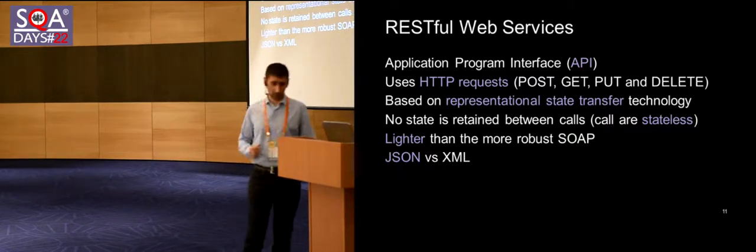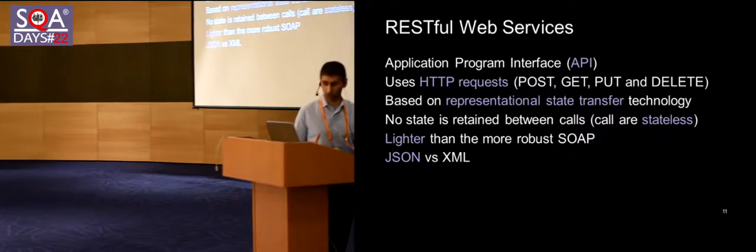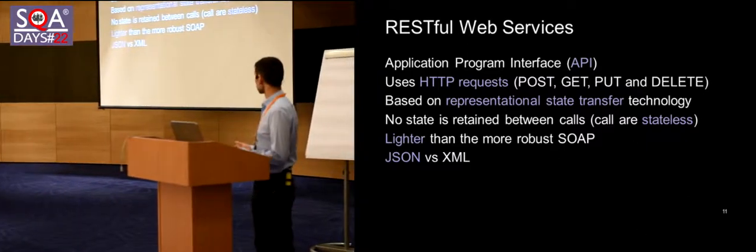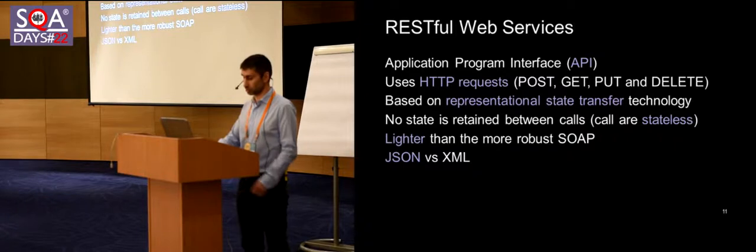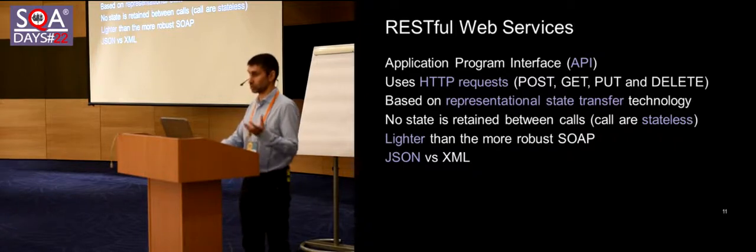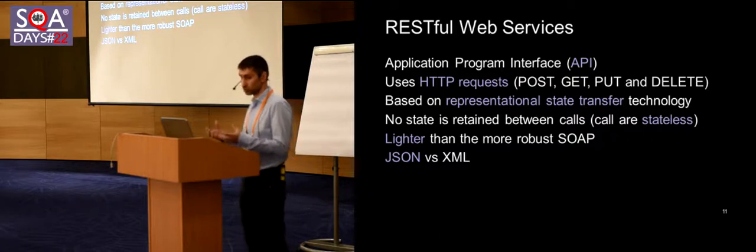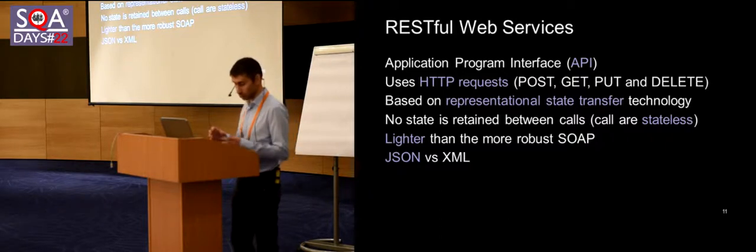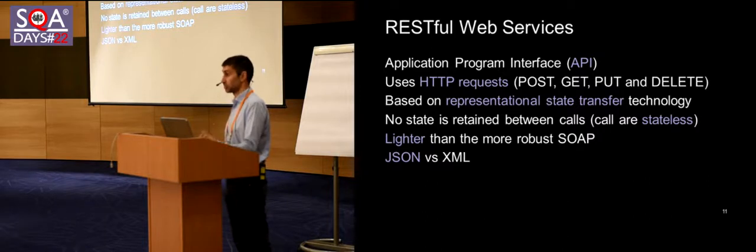As I said before, there is no state between calls, and it's a lighter approach when compared with SOAP, especially because we are talking about JSON instead of XML. So the amount of data and the processing of that data is much simpler. It takes less processor time and less memory, but it's also more efficient when we are talking about networking, because the amount of data is much smaller.